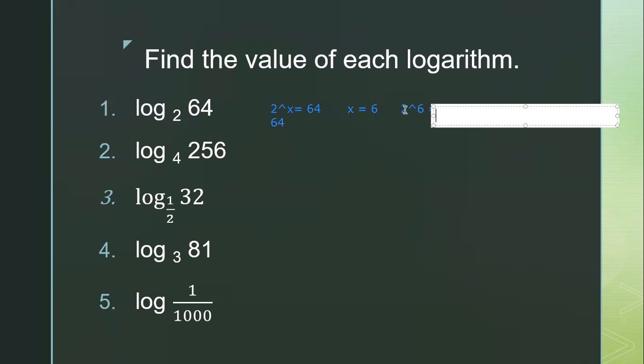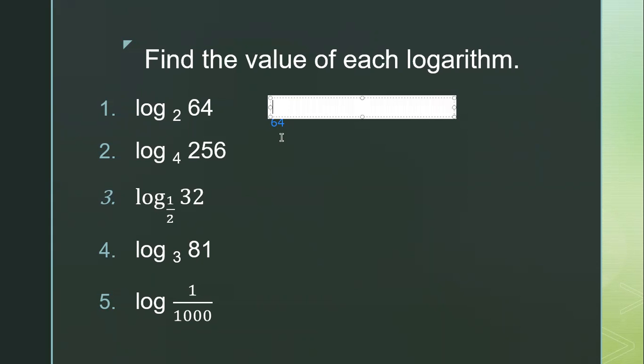So I hope you get it with the first example. If you will use your calculator, you need to find the key, the logarithm with 2 boxes, where you can write there the base, which is 2, and then the value, which is 64. Okay, and then pressing the equal sign, then you'll get the same, which is 6.